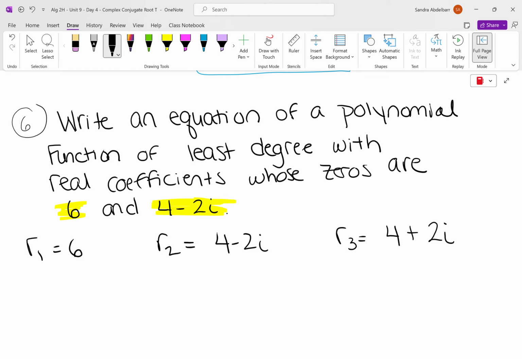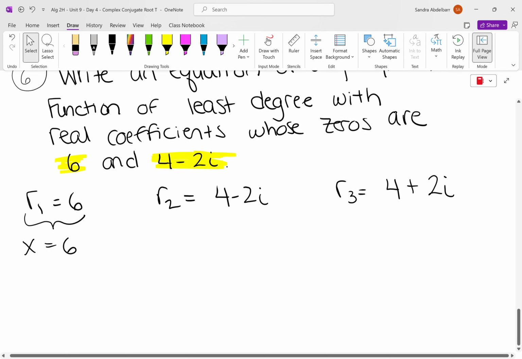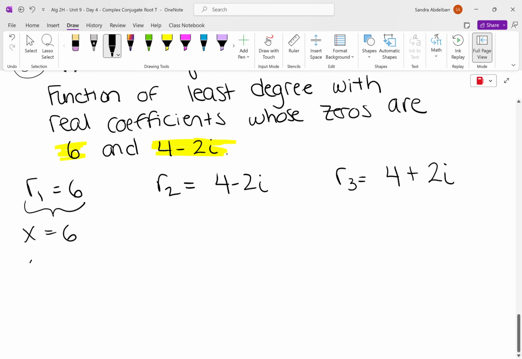Are we ready to go over this? Let's do it. Okay, so my recommendation is let's find the factors that gave us these roots. So the factor that gave me root 1, this is x equals 6 is the root. Do we agree?